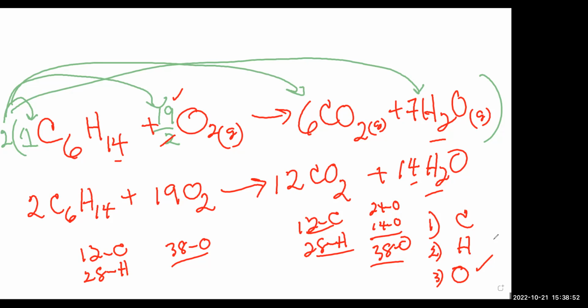Okay, and then that balances out. You're good to go. So I need, for every 2 molecules of hexane here, 19 molecules of oxygen to burn that, which then gives me 12 molecules of carbon dioxide and 14 molecules of H2O. Okay.